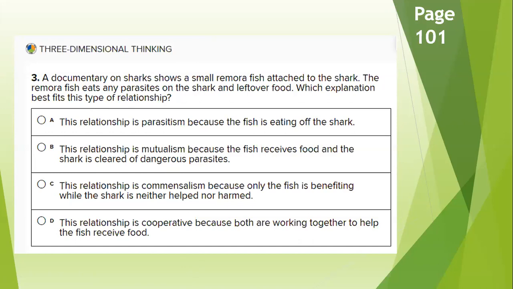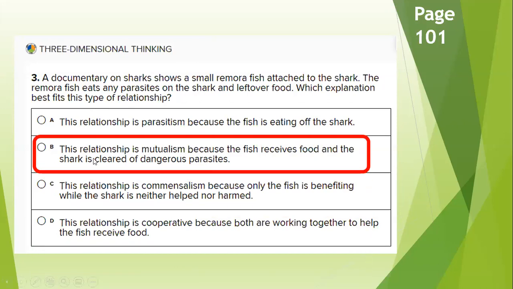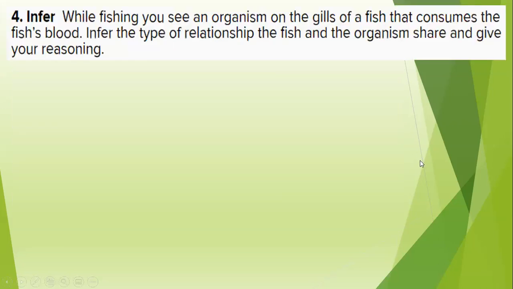So in this relationship, the shark is benefited because parasites are removed, and the remora fish is benefited because it gets its food. So I think the correct answer is that this relationship is mutualism because the fish receives food and the shark is cleared of dangerous parasites. Correct? Let's go to question number 4.